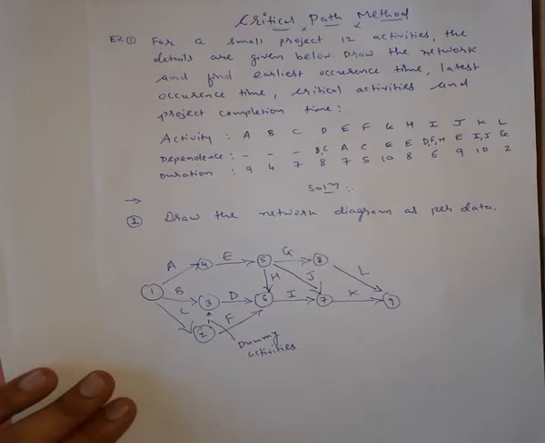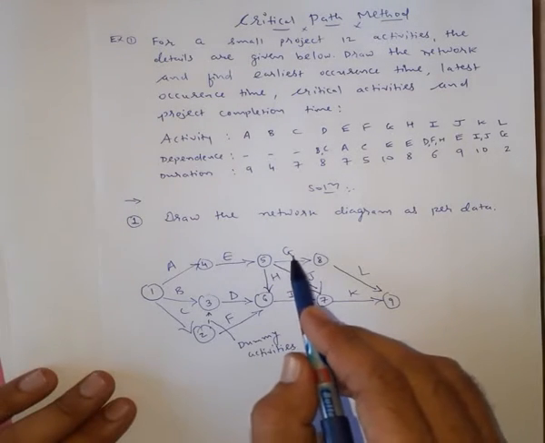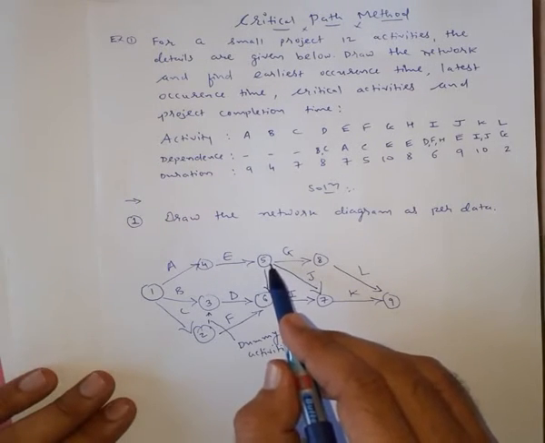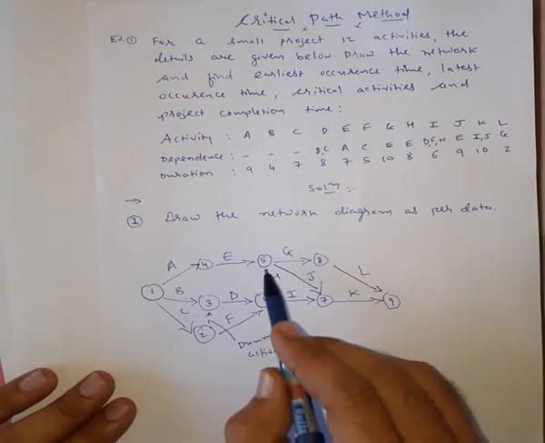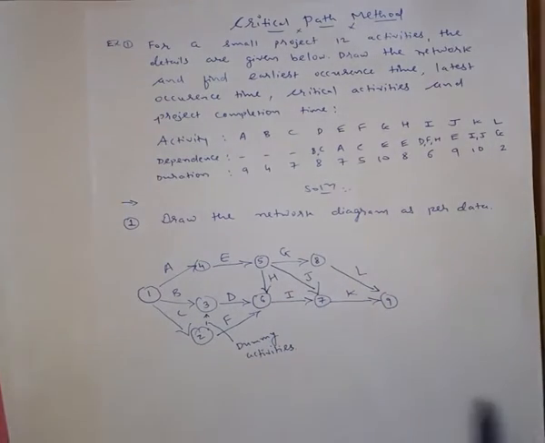The only thing you need to keep in mind, you can randomly number the nodes, but each activity's tail should have lower number and head should have higher number. You can take an example of this activity G. See, this is the tail of the activity and this is head of the activity. So tail will always have lower number and head will always have higher number. So this is how the network is constructed for the given data.